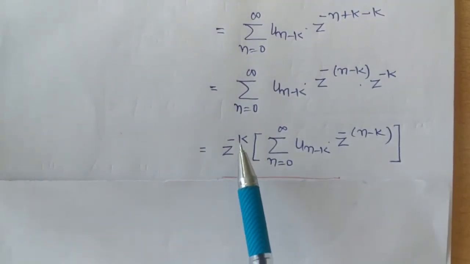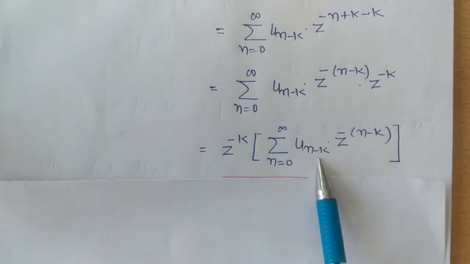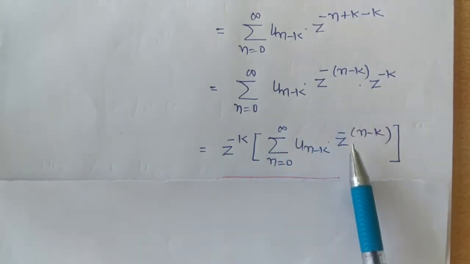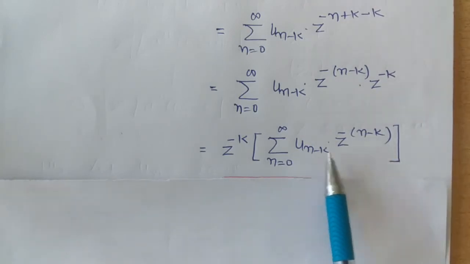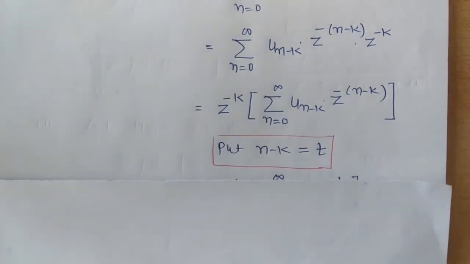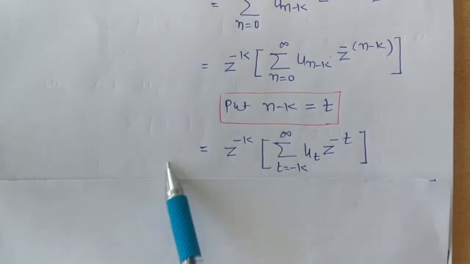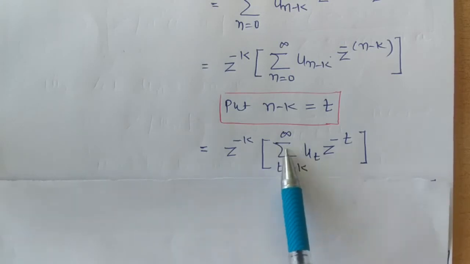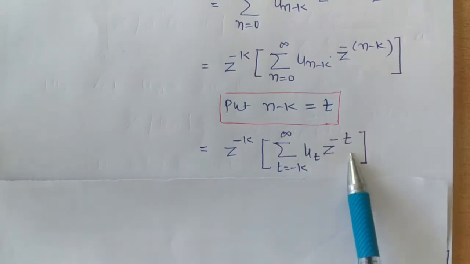z^{-k} into summation n goes from 0 to infinity u_{n-k} into z^{-(n-k)}. Now in place of n minus k we write a variable t. So put n minus k equal to t, we get z^{-k} into summation u_t into z^{-t}.